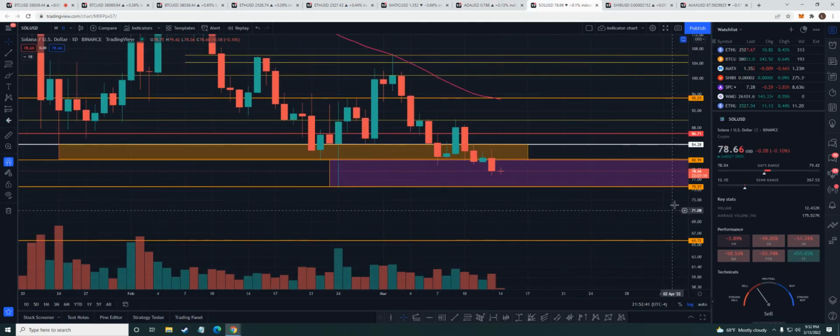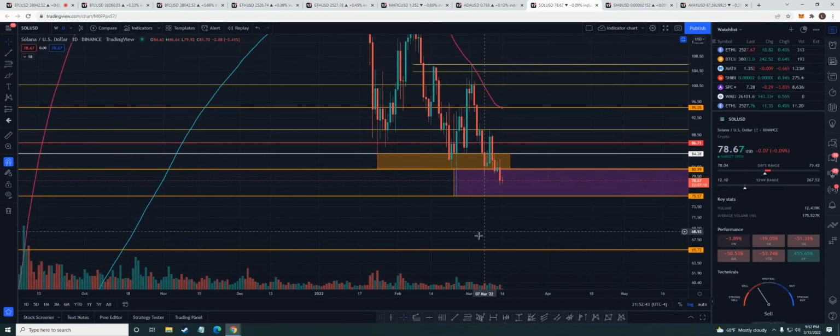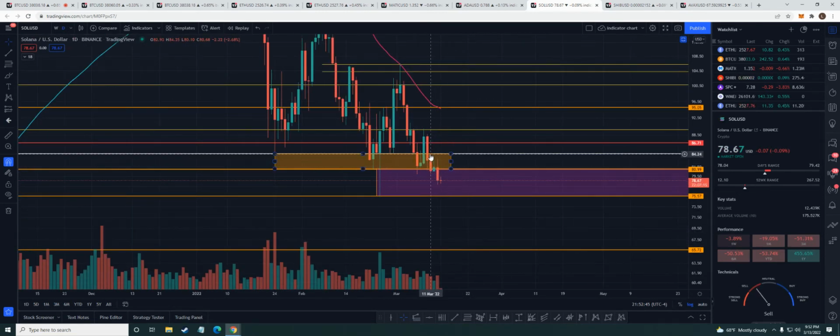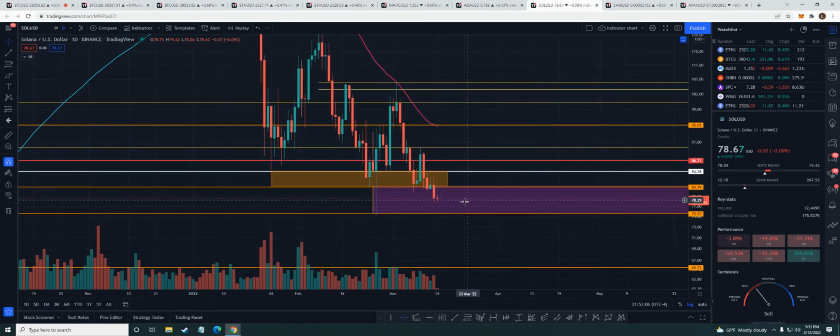Solana, guys, we're in my buy zone. I had purple. We had a rejection. We got rejected perfect. I mean, guys, I'm giving you these targets before they're happening. We got rejected perfect. We're in my buy zone. So let's see if 75 holds up. Currently, we're at a low of 78. But let's see if 75 holds up. I want to see a higher time frame close above 80 or 81. Let's just say 81 because it's so close.